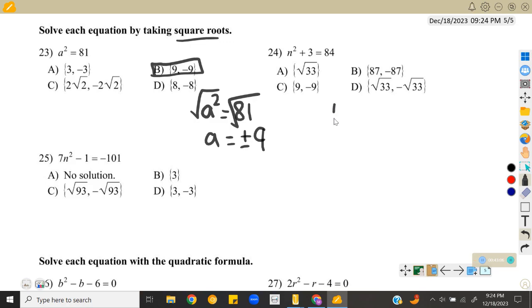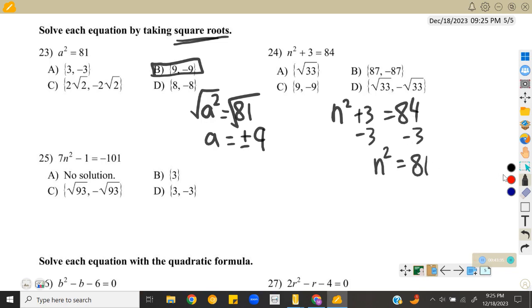We have this equation, n squared plus 3 equals 84. In this case, we would not want to take 84 from both sides because we're not solving by factoring. We're solving by taking square roots. So in this case, we will isolate the variable. That's why I get rid of this thing on the left side, because it's with the variable. I want to move everything else that's not variables to the other side. 84 minus 3 is 81.